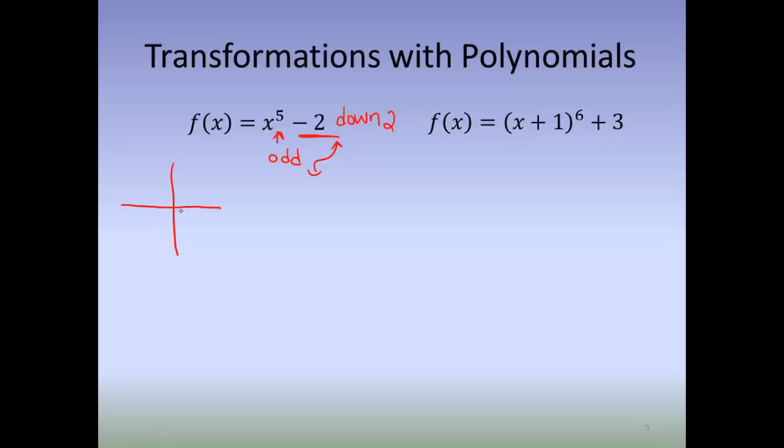So if here's my coordinate, I'm going to go down 2. And then I can plot a couple other points and make my S shape. I know the domain of this is all real numbers, and my range of this is also all real numbers.